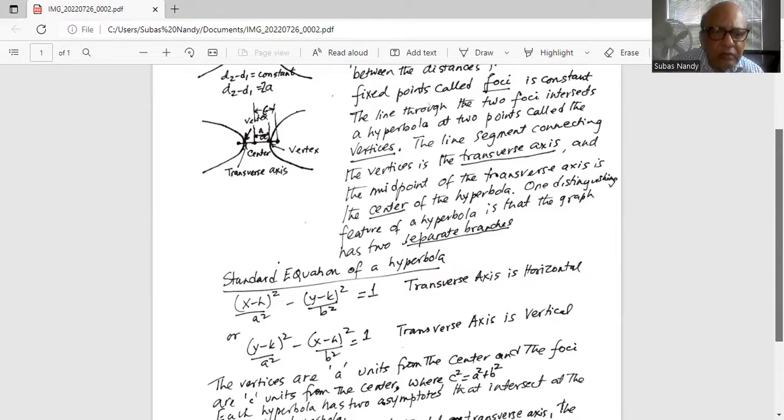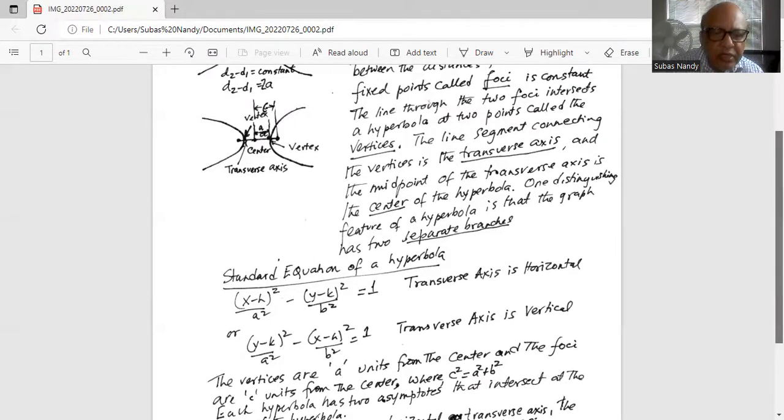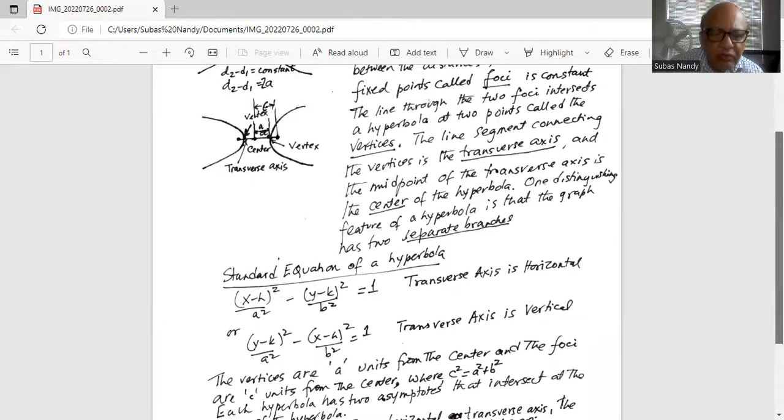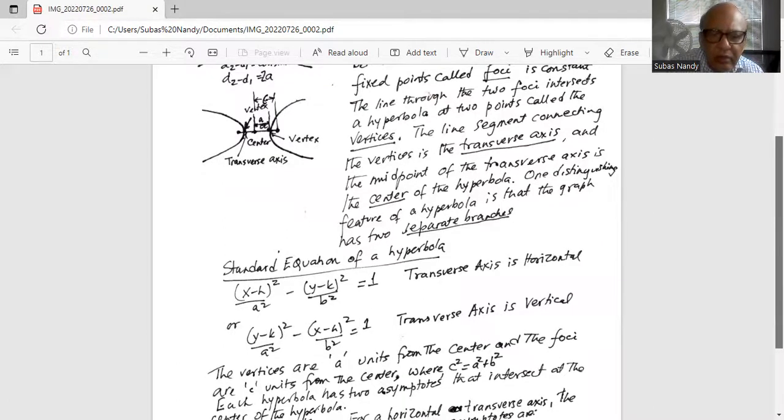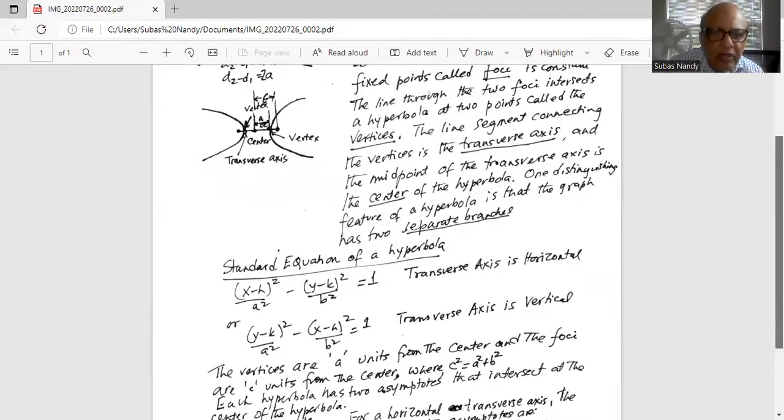So the vertex is where the transverse axis cuts the curve, the center is the center of the transverse axis, and the foci are the 2 points. The vertices are a units from the center, and the foci are c units from the center, as shown in the picture.